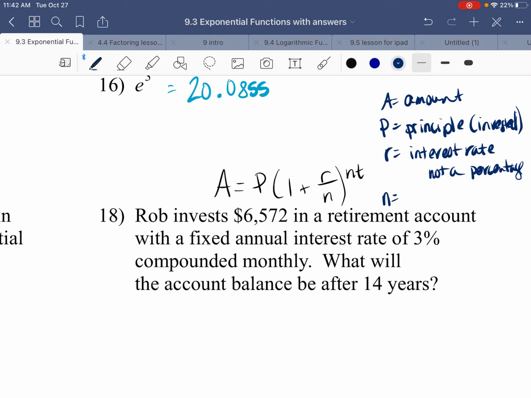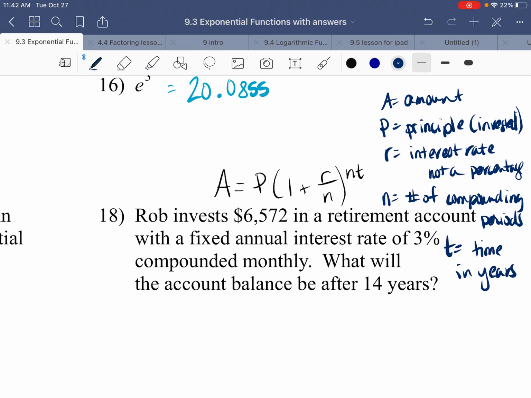N is how often this account is compounded, meaning how often is interest calculated. So this is the number of compounding periods. And then T is time in years.